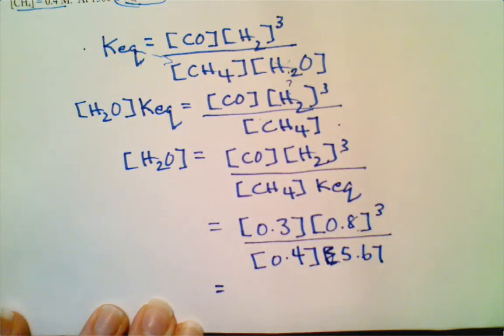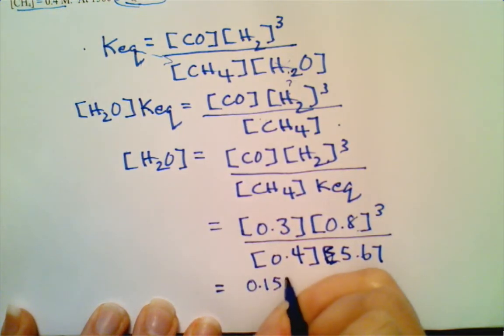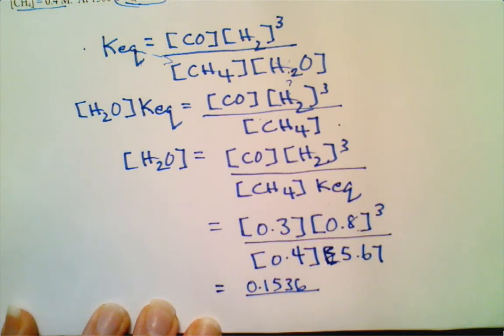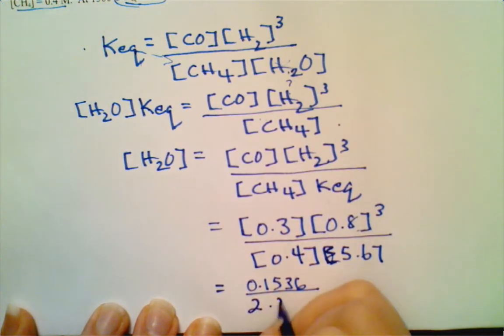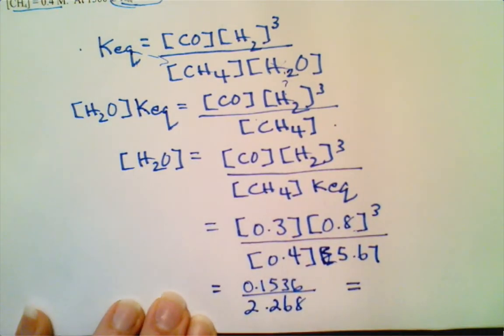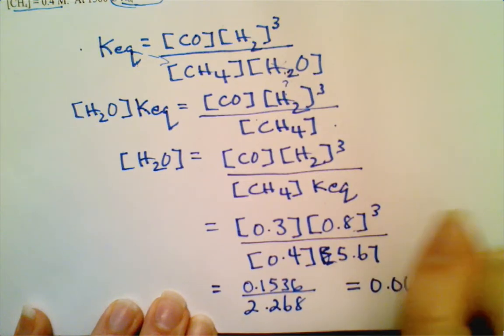Okay, so then let's take a look at what that would yield. On the top, what you have got is 0.1536. And on the bottom, when I multiply that out, you get 2.268. And my final concentration, when I plug that into my calculator, that yields 0.06.